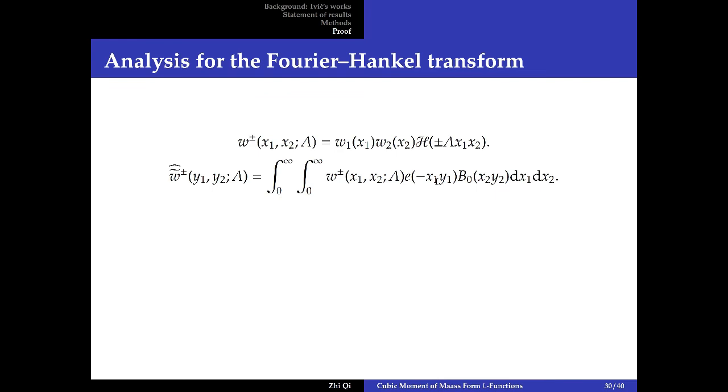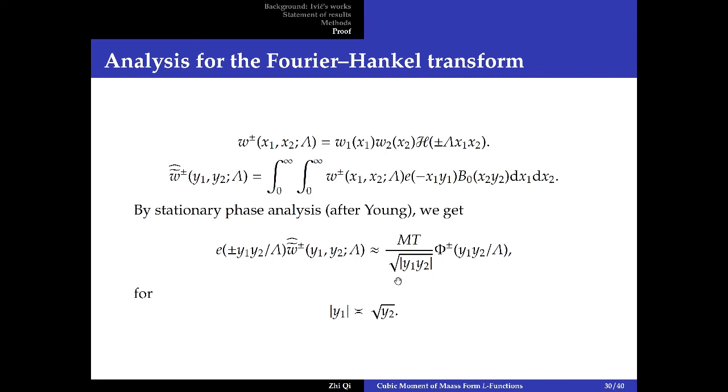So indeed we have a triple integral, and for two of these integrals, we do stationary phase after Mathieu, and it turns out we can box this as a function phi of Y1, Y2, and lambda. I'll give the definition of this phi in the next slides. The variable would be simply Y1 Y2 over lambda, and this Y1 Y2 over lambda will correspond to M1 M2 over C. So keep this in mind.